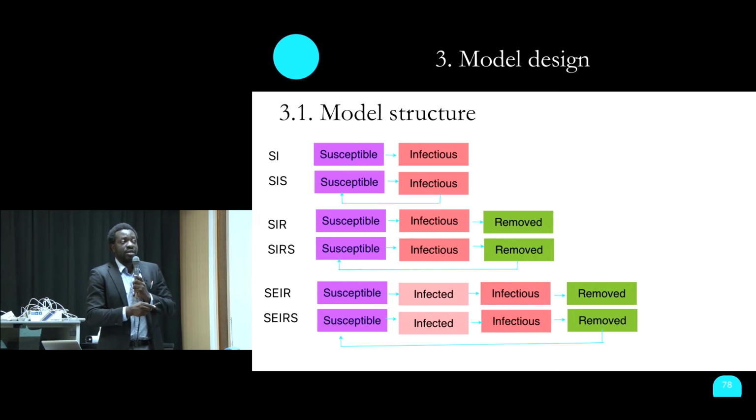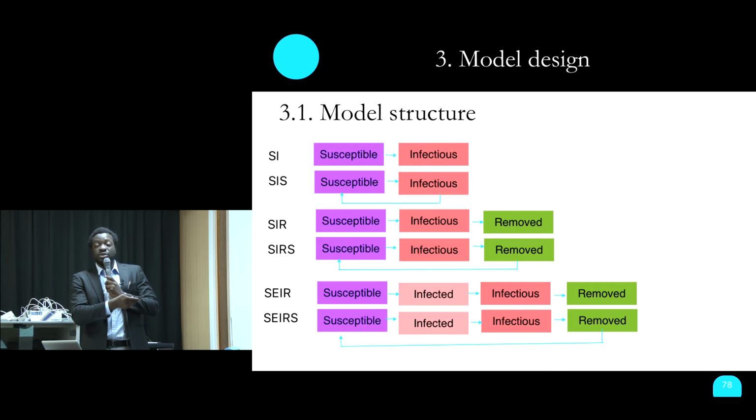But we have another one, SIS, susceptible, infectious, but the infectious can come back to become susceptible. Those are cases of short curable sexually transmitted infections like chlamydia or gonococcal infection. If you have it, you become infectious. Once there is a treatment, you are cured, you become susceptible again. So it's like a circular movement here.